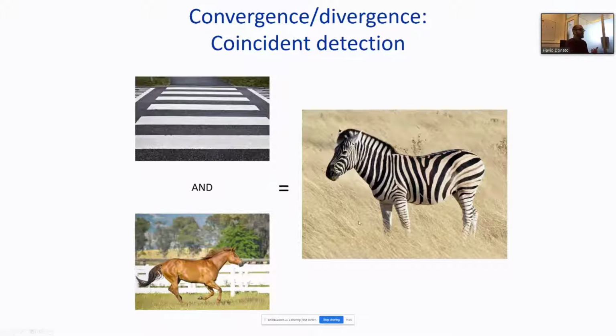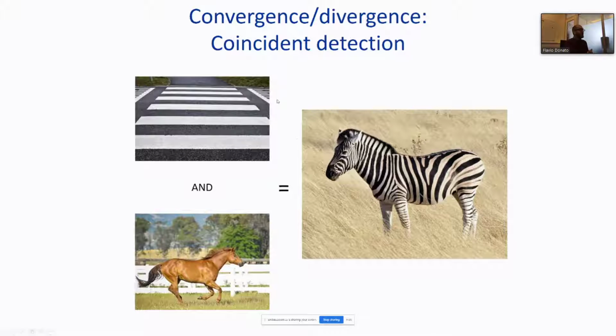In this case, you have convergent stimuli: one neuron that tells you, look, there is an alternation of black and white, and another neuron that tells you, look, there is a horse. The postsynaptic neuron says, oh, maybe it's a zebra. So if you have neurons that are tuned to different features, via convergent excitation they are able to combine these features to create a response that is specific to the combination of the two features, but does not respond to the two features in isolation.